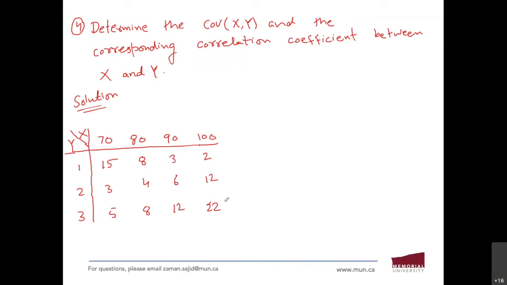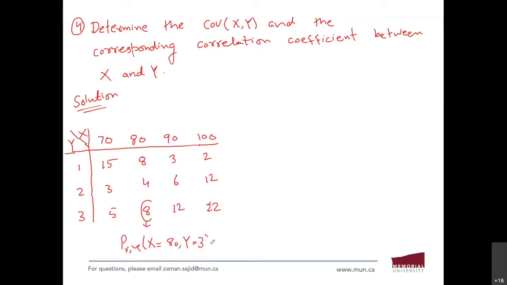Just for your reminder, if I take any value, let's say I take this value, this is the probability value p of X, Y. When your X value goes on the top, the X value is 80 here, and the Y value is here, which is 3.